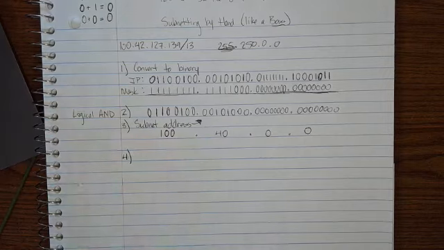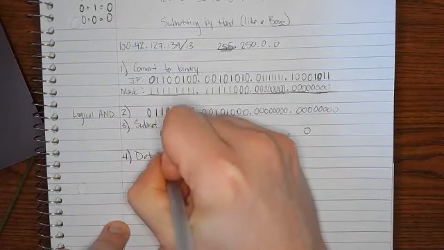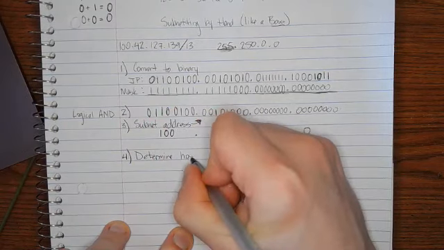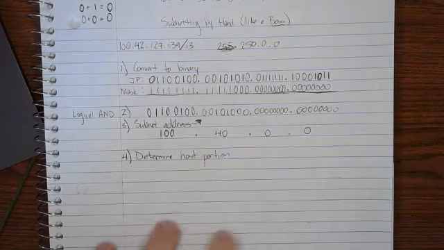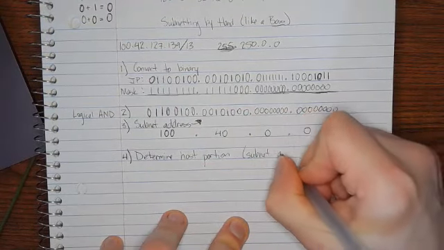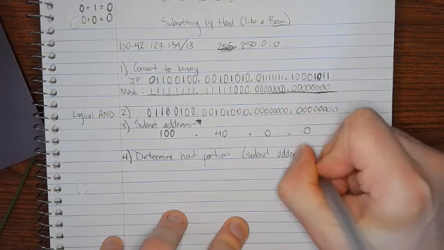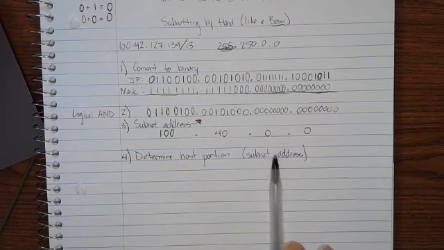So the way that we're going to do this is step 4. I want to determine the host portion. And specifically, I'm talking about here in the subnet address. So the next few steps, I'm specifically going to be working with the host portion of the subnet address.